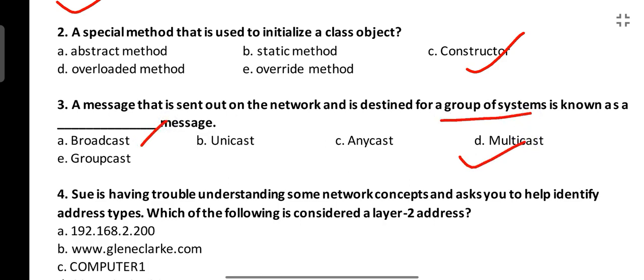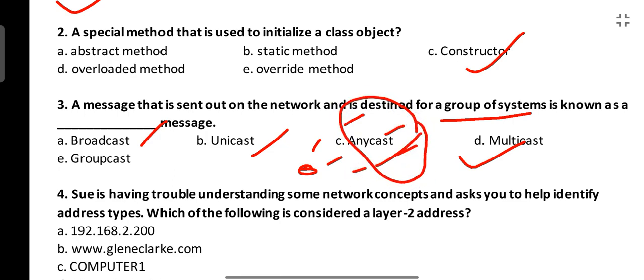What is broadcast? Broadcast is when a message is sent to all of the hosts in the network. Unicast means one to one, one sender and one receiver. Anycast means nearest one. Suppose this is a sender and there are many receivers. Suppose we have to send to this group, that is known as multicast.